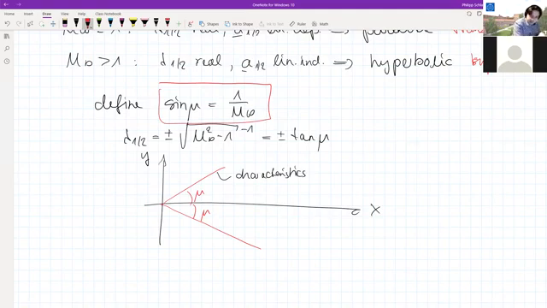And in the physical language, these would not be called the characteristics, but the so-called Mach lines. Now, if you think of supersonic flight, these would be the shock waves that are emanated from an airplane or a body that is located at this point.